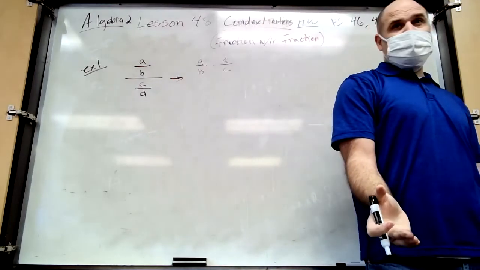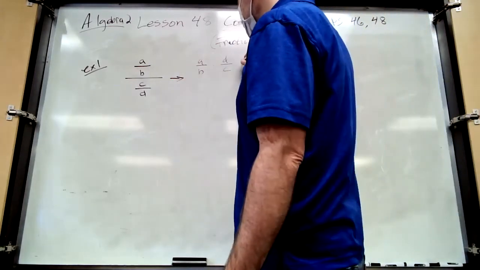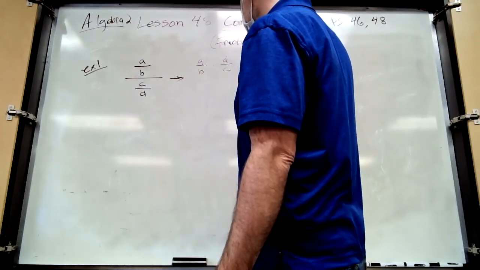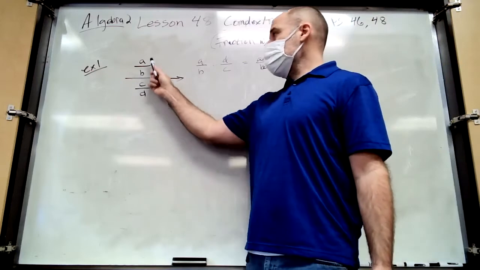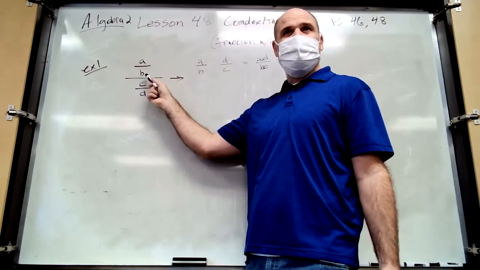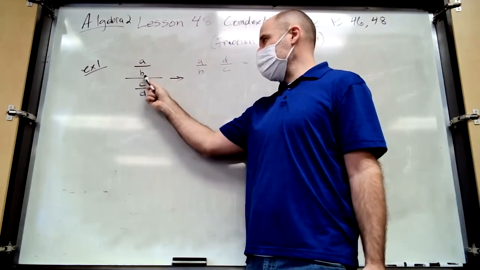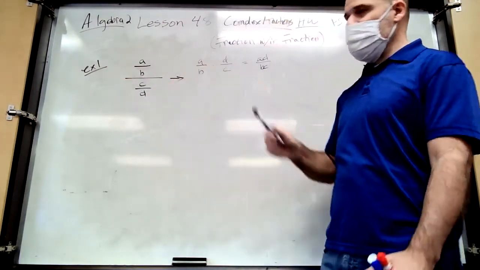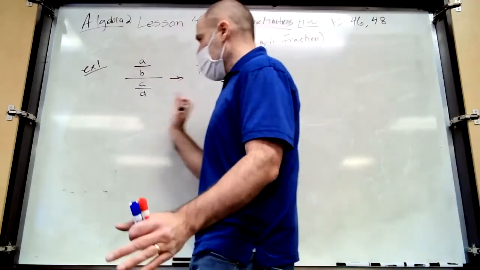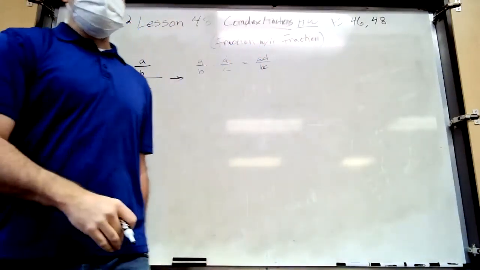The answer to this is AD over BC. Copy dot, because that's a division sign, copy dot flop. C over D is D over C. That's what we did in Algebra 1.